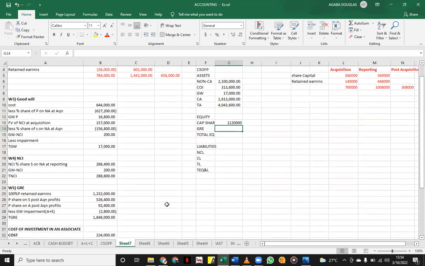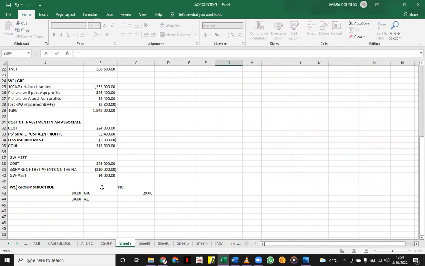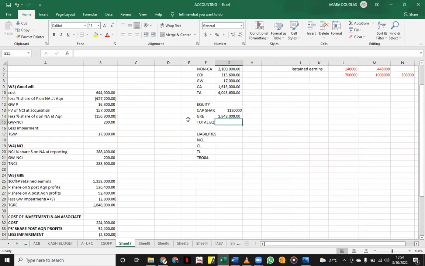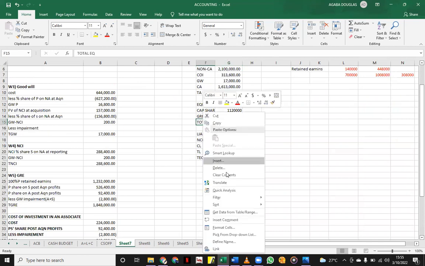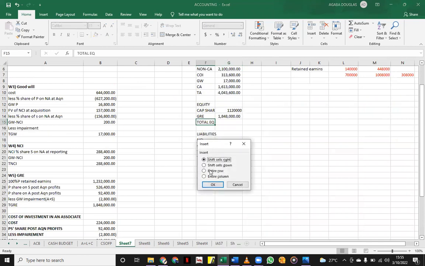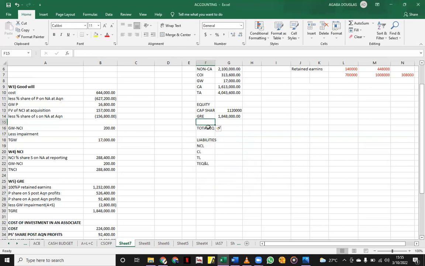Then our group retained earnings, which we already have in our working 5. So we'll simply come and we put it there. And then we will have our NCI. Let's add in our NCI. So we'll put in our NCI, and we have it here as well. And then we'll get our total for equity. So we'll say sum, then boom.